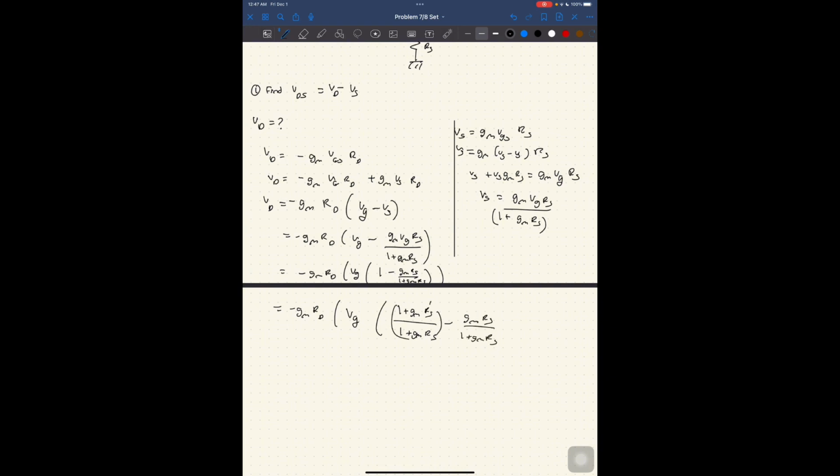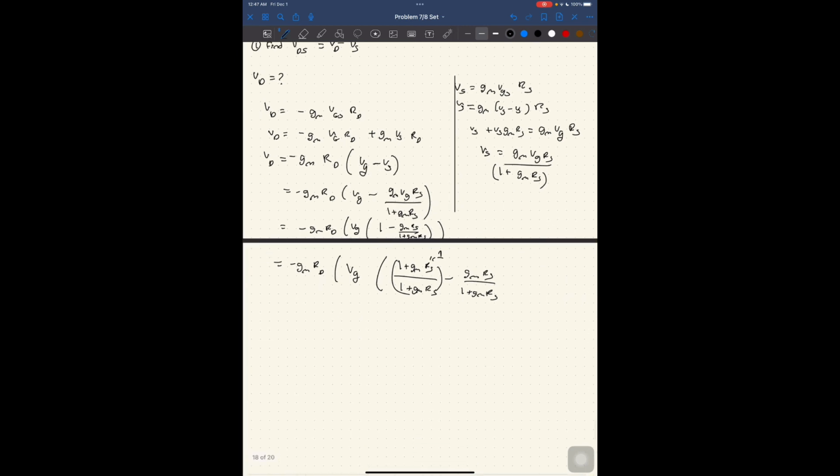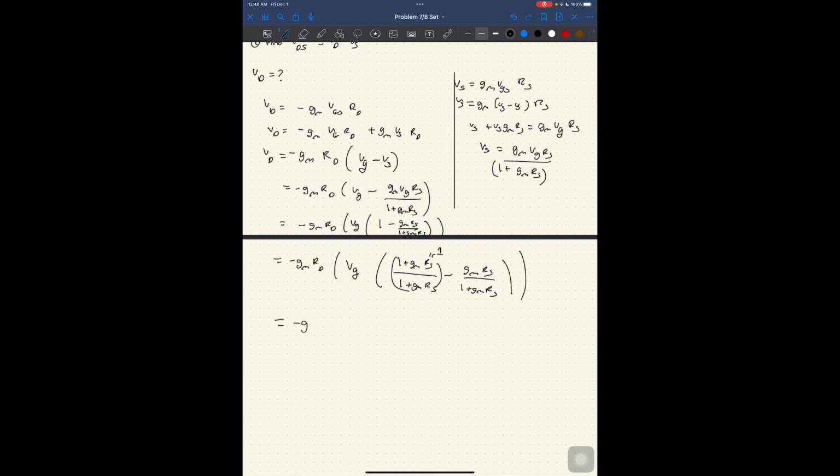This is just 1, and so I simplify this to minus GM RD VG, 1 over 1 plus GM RS. That's my VD.